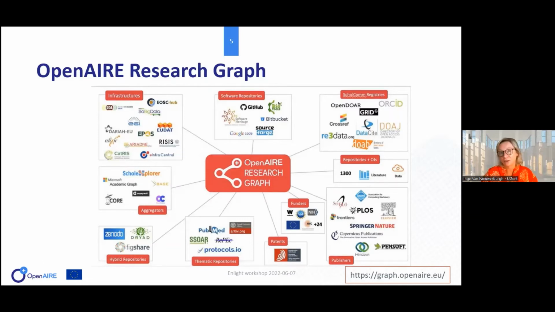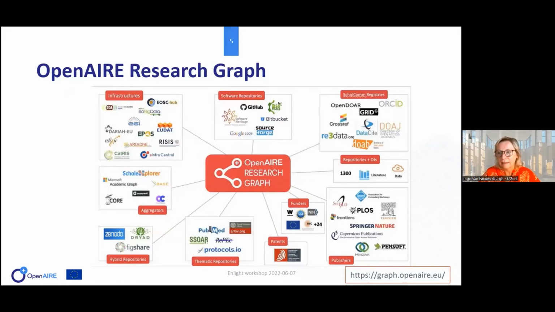out there, research providers. So the OpenAIRE research graph, a lot of providers come together. We link different sources to each other. We enrich them with other sources, deduplicate, etc., so that we create an open research graph.